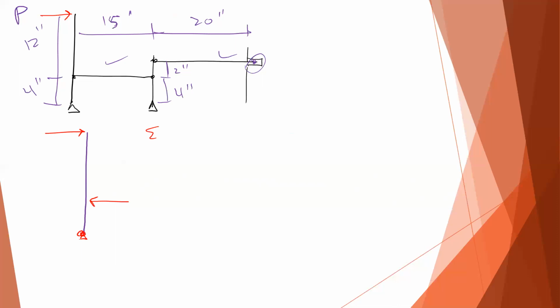So the sum of the moment has to equal 0, which means that if you take this reaction, which we'll call R1, times 4 inches, minus P times 16 inches, that tells you that R1 has to be 4 times P. So you're amplifying your force 4 times when it goes into that member.